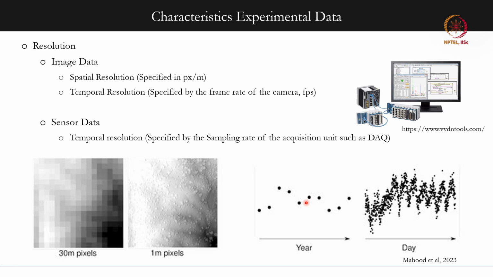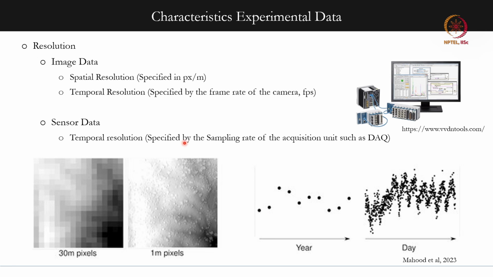Again, the reason is that the time scale associated with this fluctuation is very small when compared to the resolution at which the yearly data is sampled. So in an image sequence, we have a limit on both the length scale and time scale that can be resolved.